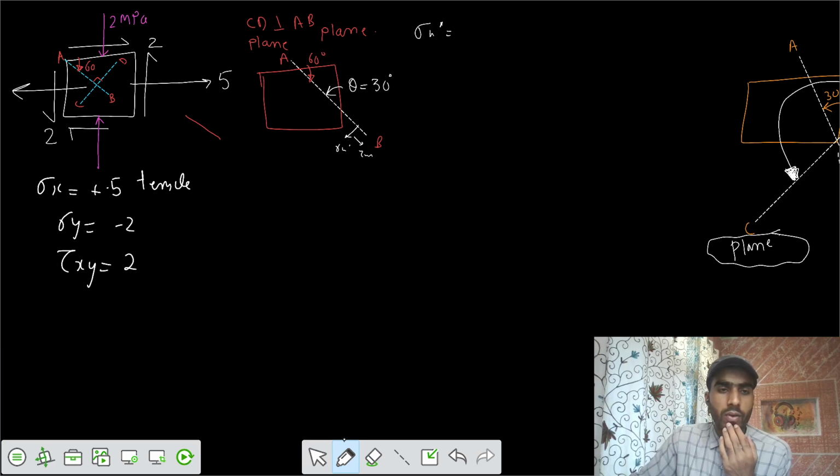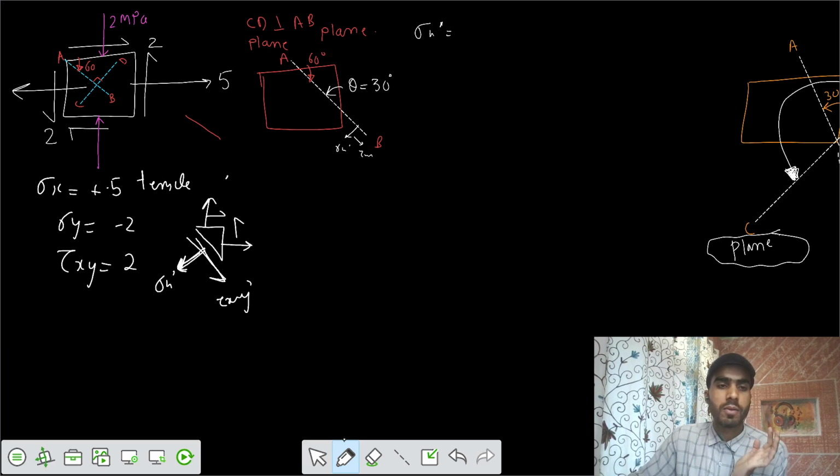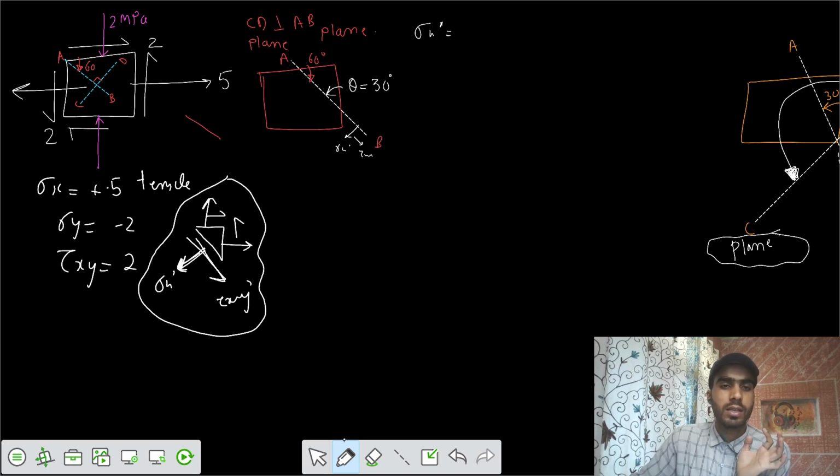In the derivation we assumed tau yx in this fashion, sigma y upwards, sigma x this way, and sigma x dash and tau xy dash kept in this direction positive. These were the sign conventions we followed during the derivation, so you have to note which directions are positive.